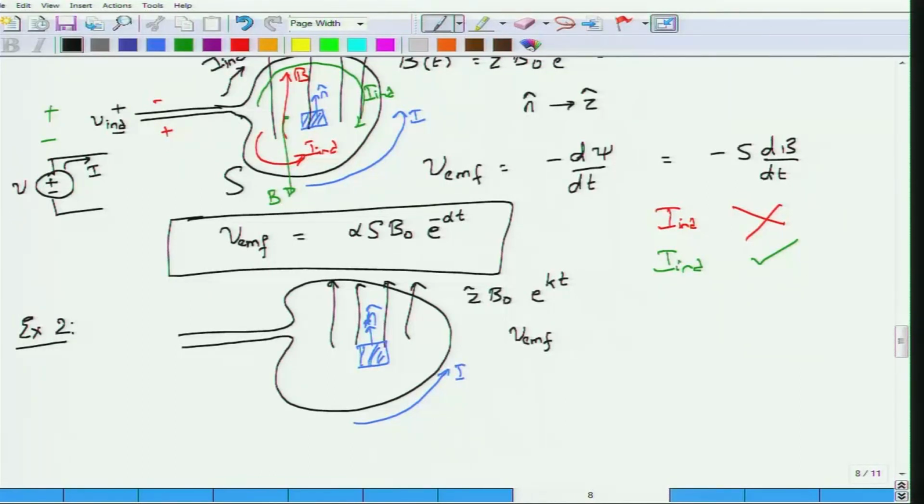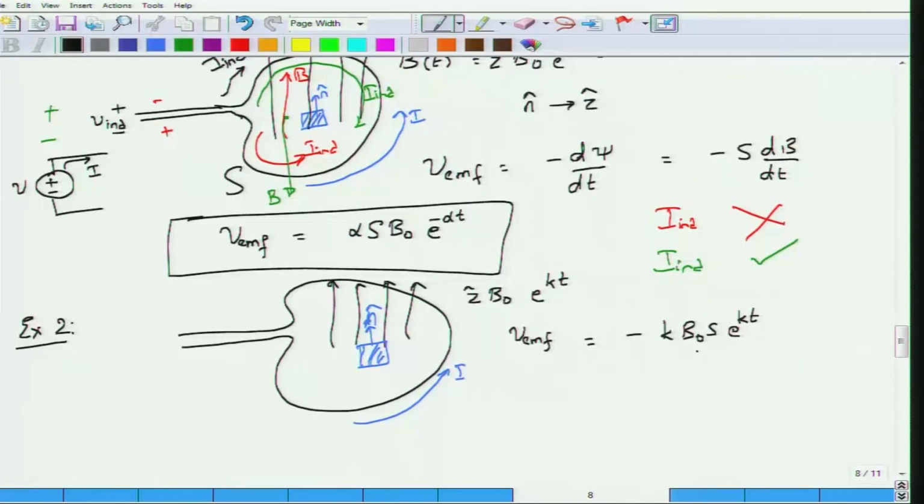The normal to the surface is also along the z direction, but the EMF when you calculate turns out to be minus k B0 S e to the power kt. So the EMF is turning out to be negative. What does it mean? It means that if you assume the current direction to be clockwise, then it would be generating the magnetic field in the negative direction, but my EMF would also be negative, right.